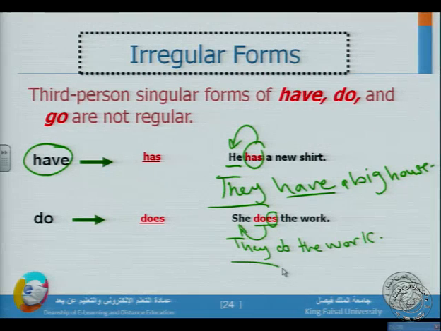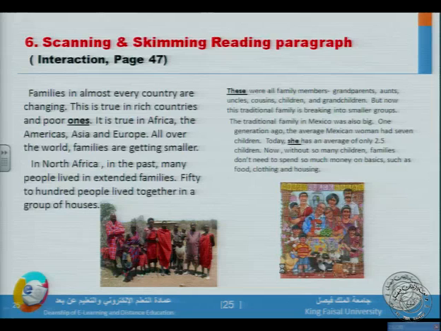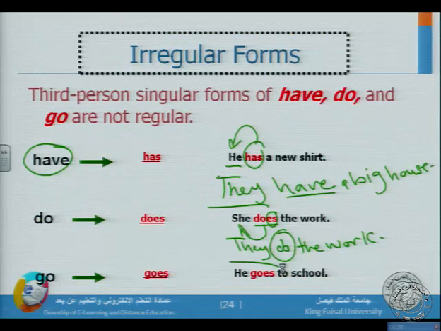If the subject is plural, we use do. If it is singular, we use does. As for go, it becomes goes with the third person singular forms. Okay, so he goes to a school. So we have covered today the simple present and the spelling rules.